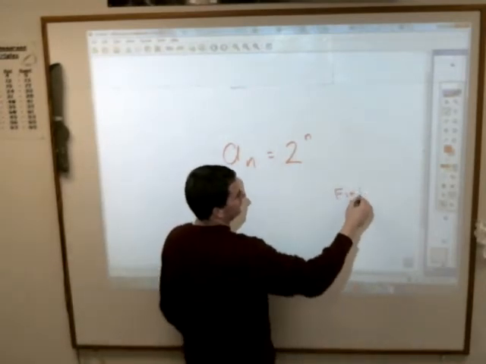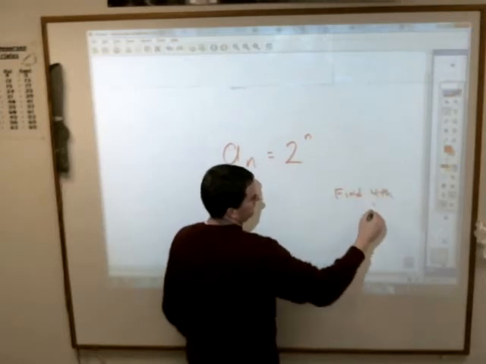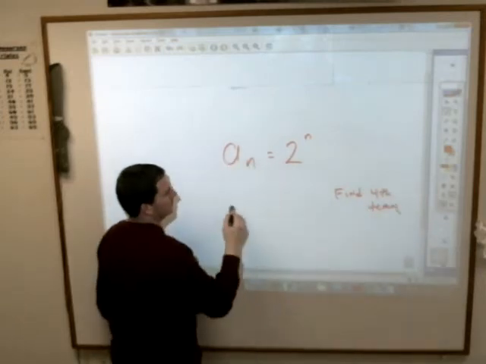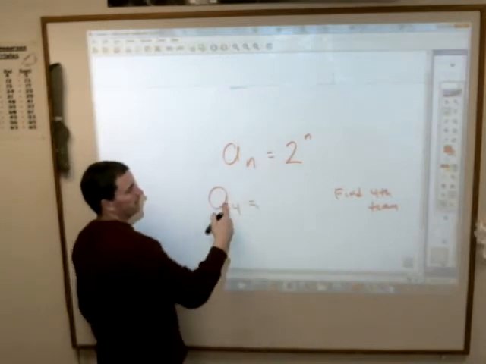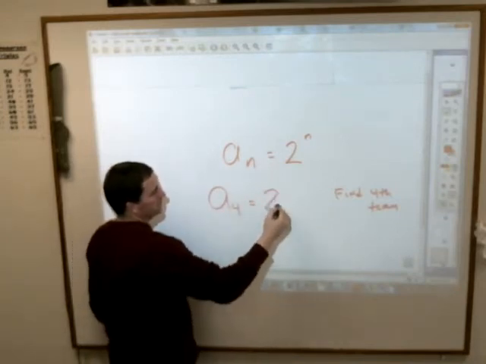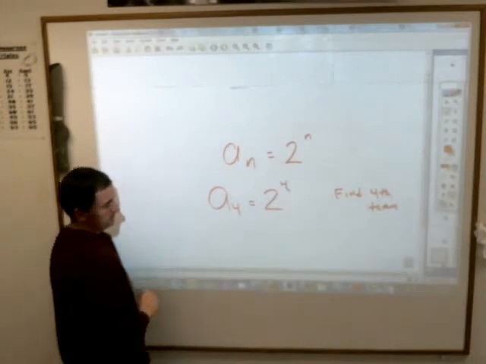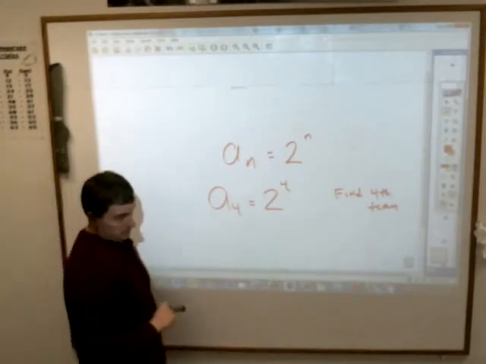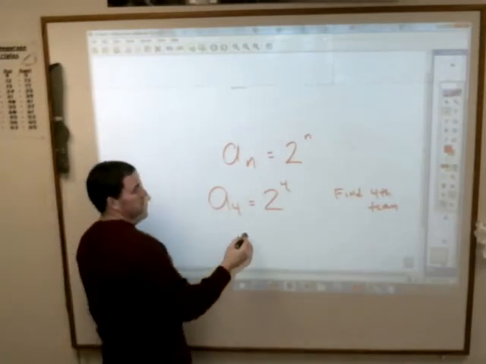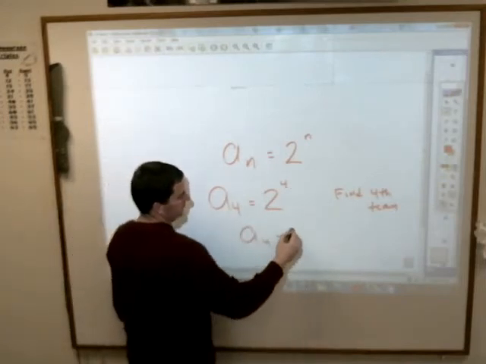Find the 4th term. Well, you'd write it like this. The value of the 4th term is 2 to the 4th power. And 2 to the 4th power would be 2 times 2 times 2 times 2, which is 16.